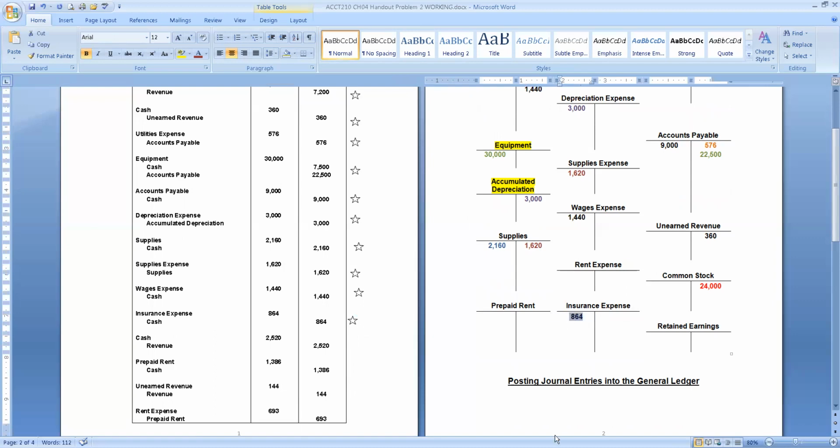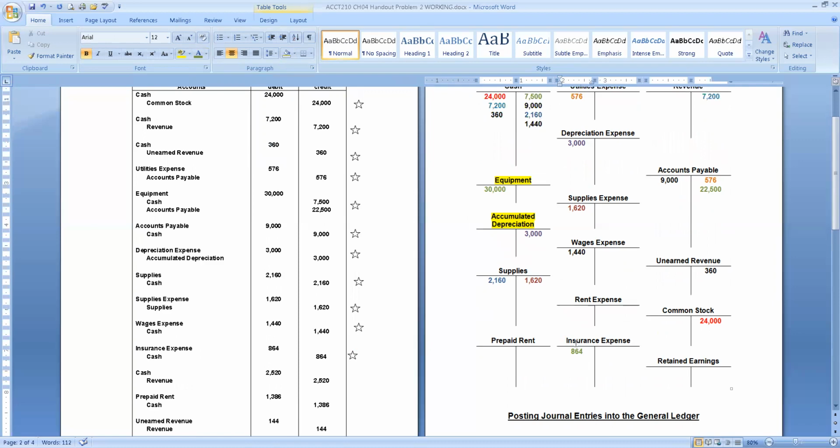Debit side. And cash on the credit side, 864.